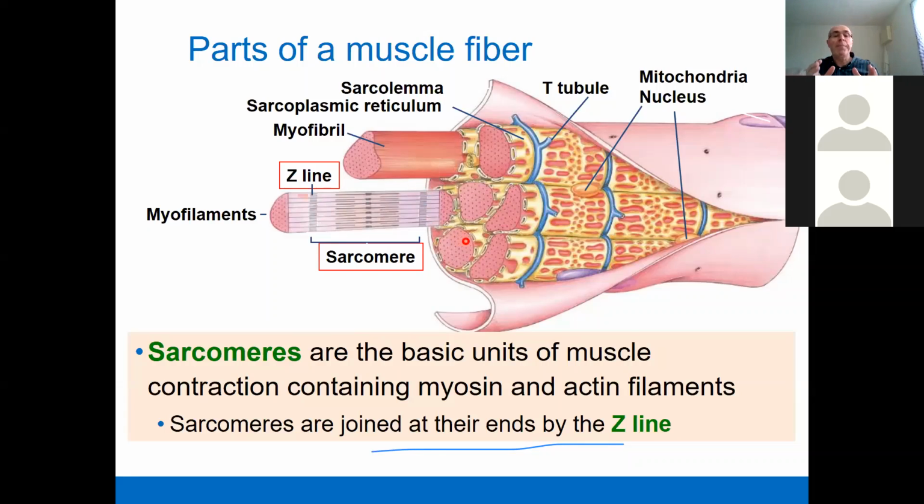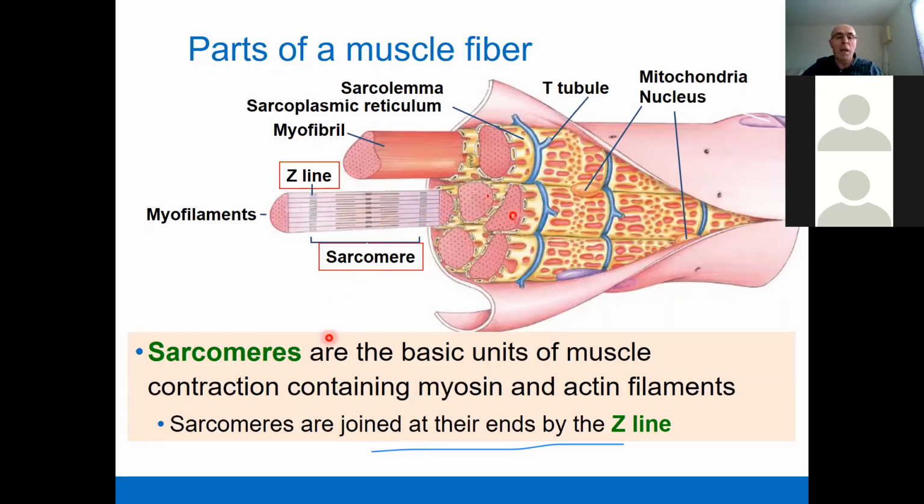Okay, between two Z lines, we have one sarcomere, one unit of the muscle, which we call sarcomere. But the muscle consists of many sarcomeres. Okay, sarcomere is a basic unit of muscle contraction and it is between two Z lines, okay? As you see here, the Z lines, and here also the Z lines.